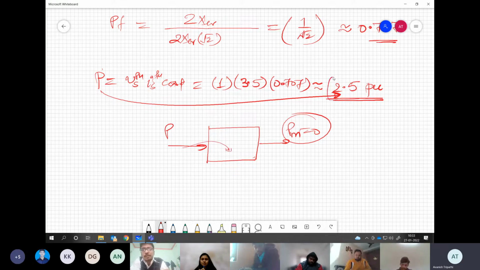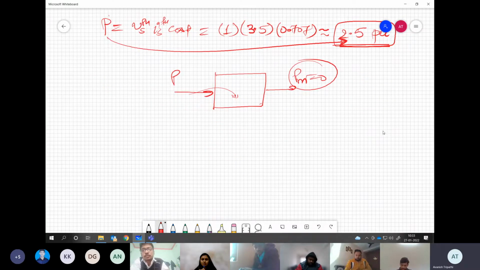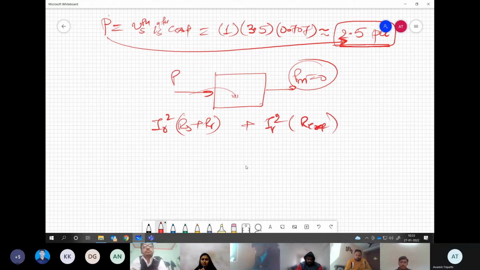But are you burning this whole power in the motor or is it getting burned somewhere else as well? So there are two components. One is what is going to the factor Rs plus Rr, that means the power lost in this. And the other factor is IR squared times R external. Understanding my point? The total power is basically divided like this.